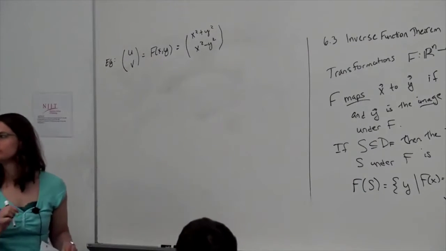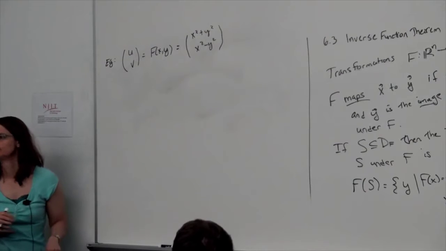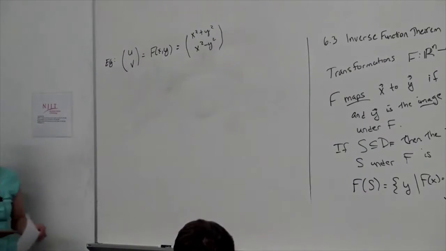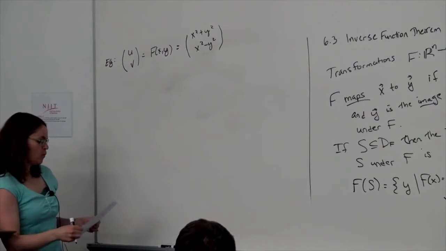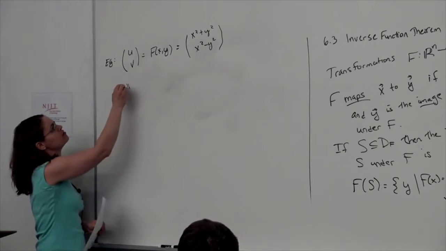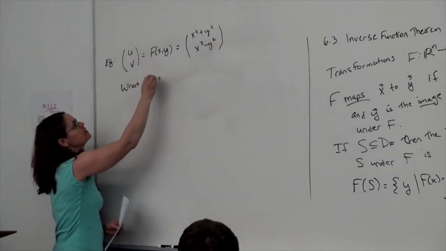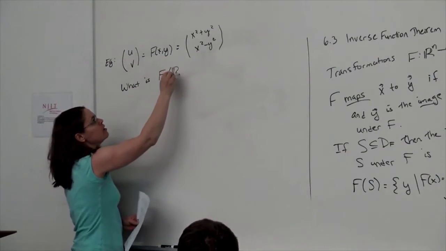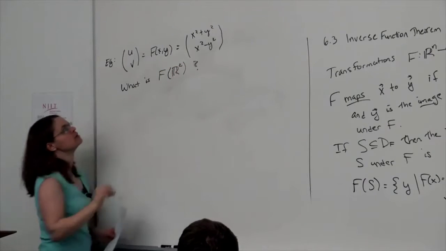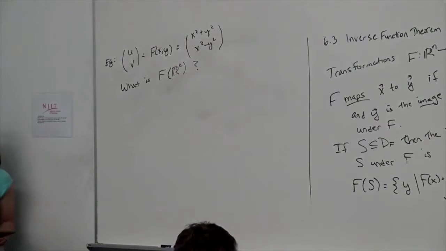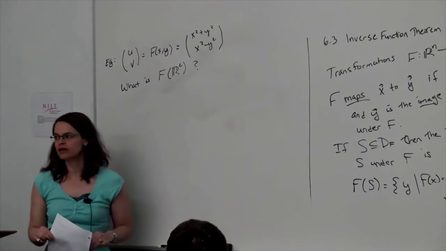This is probably going to be one of our favorite examples today. I think we're going to be able to learn a few things from this simple example. Okay, so our first question is, what is the image, say, of all possible inputs? So we have two inputs in here, so all possible inputs is R2. And we want to know what values can we actually reach here.